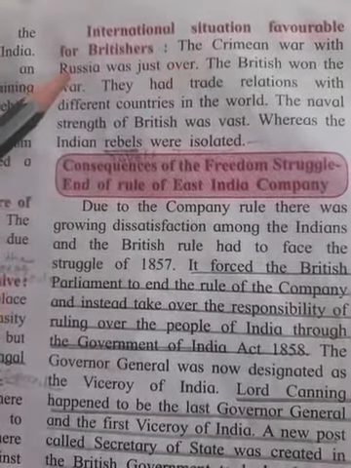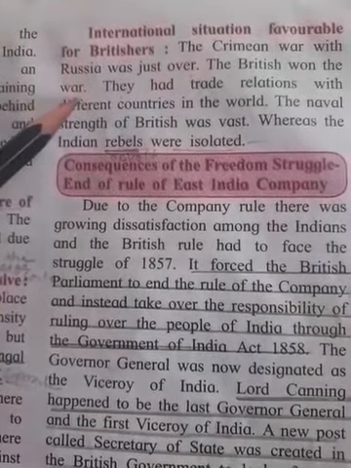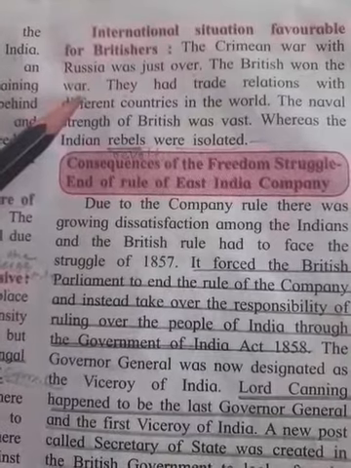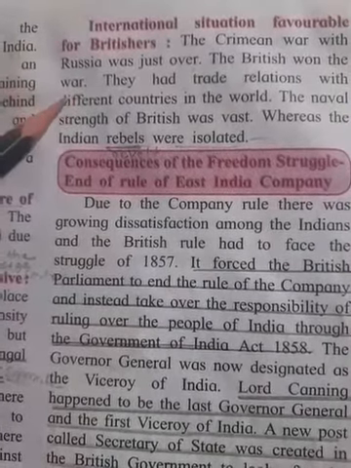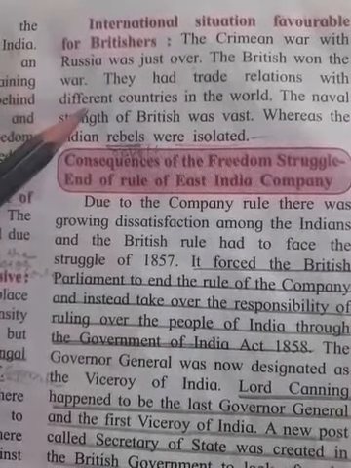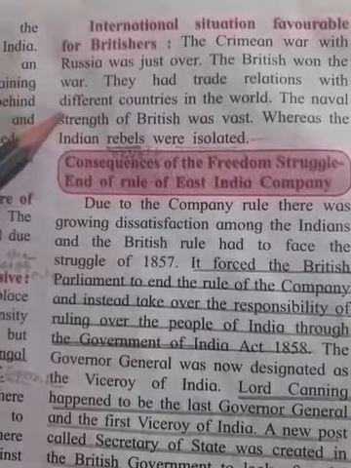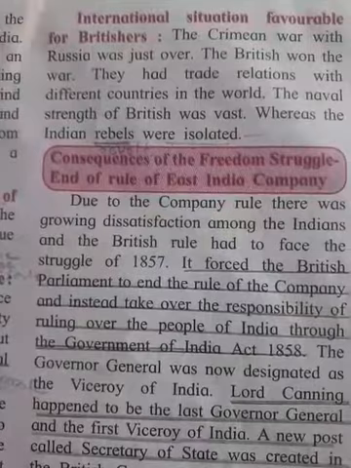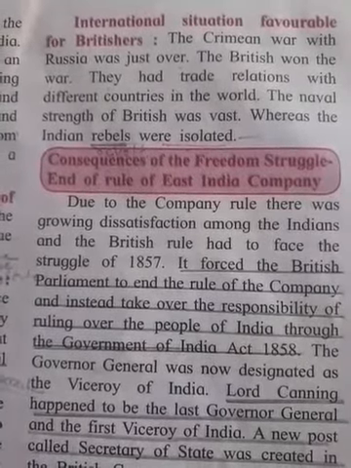The Crimean War was won by the British. Because of that, the trade relations with different countries in the world and the naval strength were also vast. So these are some of the causes of the failure of the struggle.